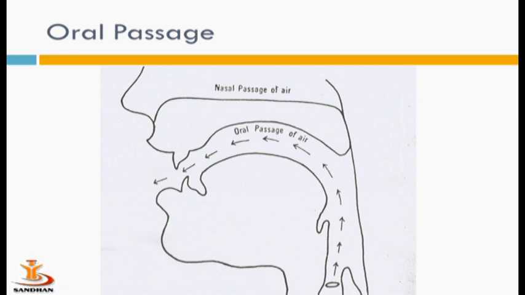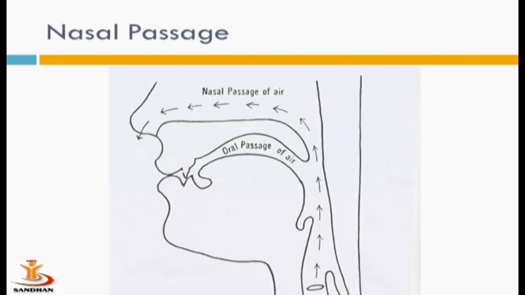Why is it important? Because there are some sounds which are nasal. What happens when we create a nasal sound? The air comes out through the nose, or the nasal passage. When you have a cold and there is some problem with your throat, you have a kind of nasal sound, since the air is not escaping.